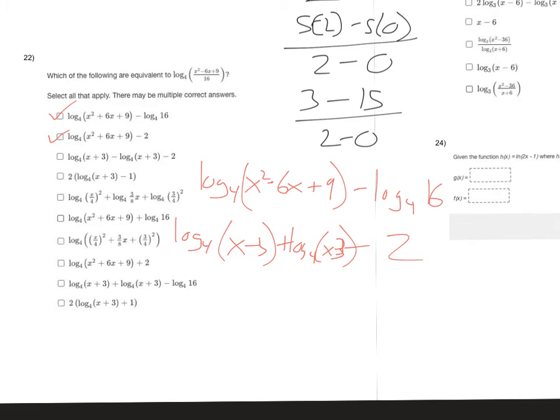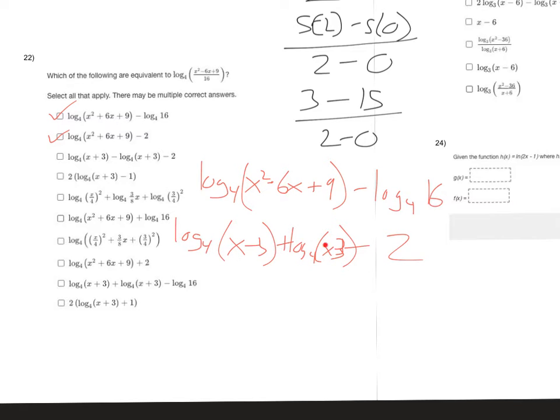And all I've done again is taken what's inside and factored it, and then I know that just like division inside a logarithm can be broken down into subtraction outside the logarithm, multiplication inside the logarithm can be broken down to addition outside the logarithm.